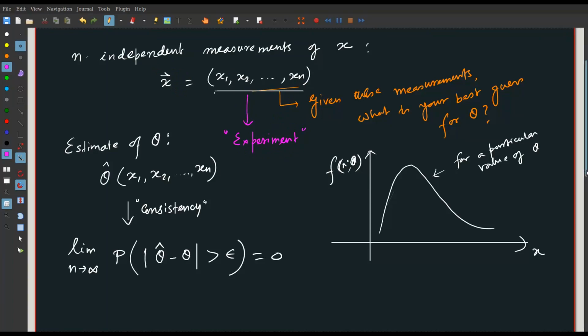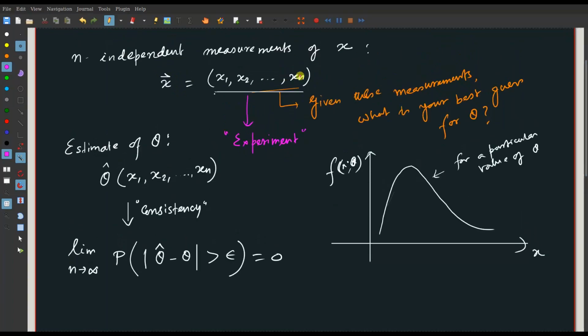Now here is the important thing. From these values you get an estimate of theta. In terms of theoretical understanding, before you actually go into doing an experiment, by which I mean measuring x this n times independently, you have a strategy for how to extract this theta hat.